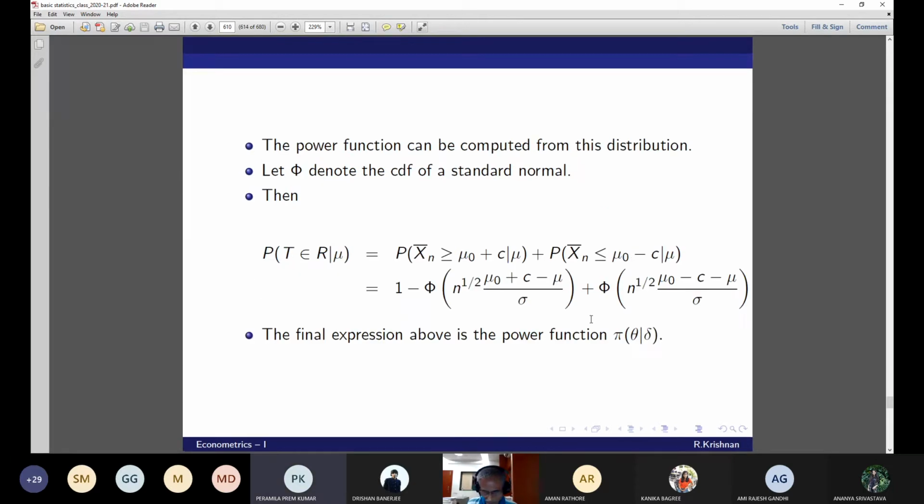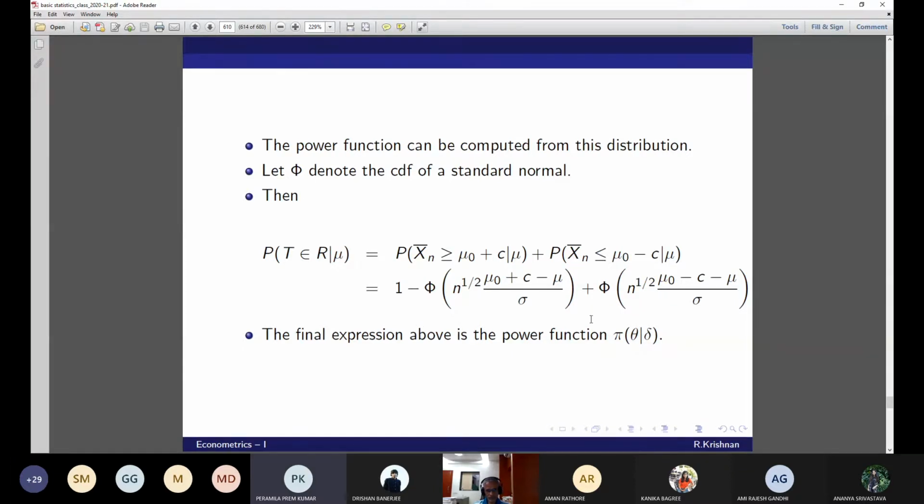Just another doubt. When we consider the type 2 error, we do it with respect to the alternate hypothesis, right? So mu should correspond to the alternate hypothesis, and mu naught to the null hypothesis, because we can write the power as 1 minus the type 2 error.